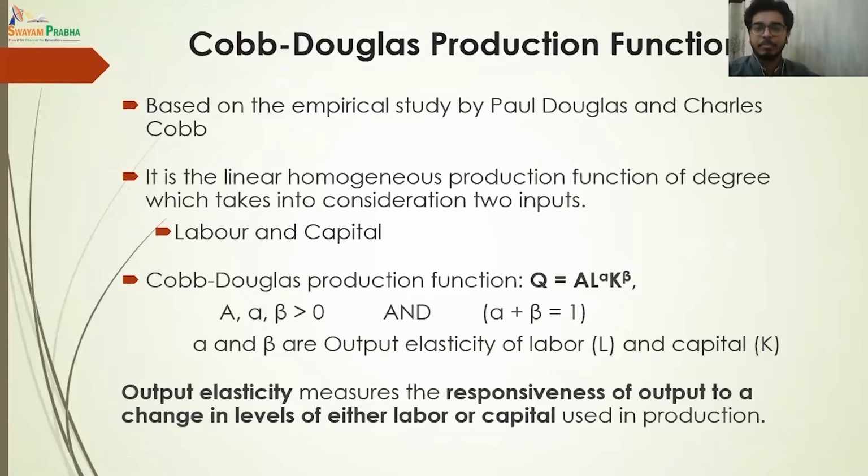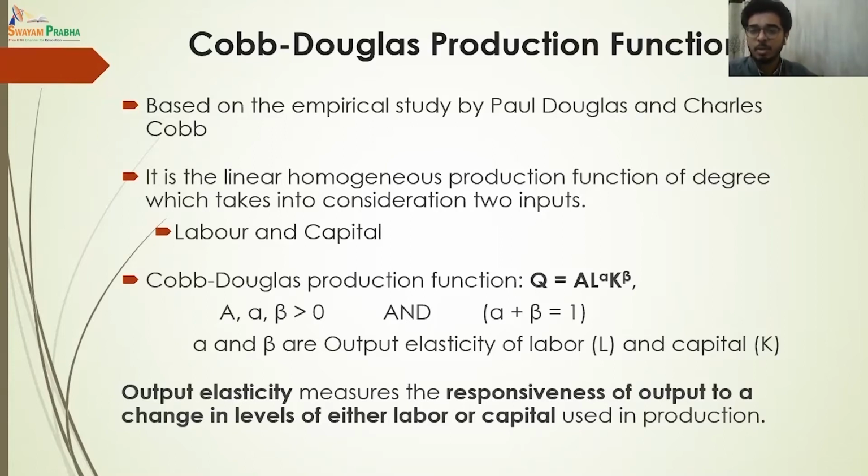And here, the quantity of output Q is a function of labor and capital, L and K. And then there were certain other factors of production, like technology, organization, and so on. But here we are discussing L and K, where L is labor and K is capital.